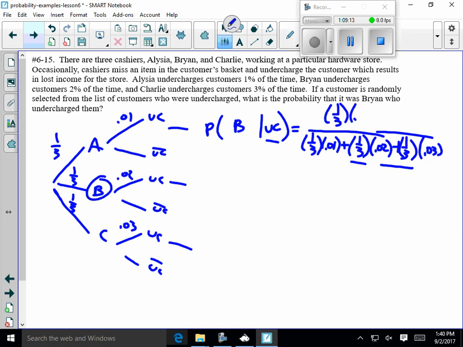So 1/3 times 0.02. So the idea here is that this Bayes formula structure can be used with any number of paths. That would be the setup to find it, and very similar to the problems we just did. It would turn out to be actually 1/3 of a chance that it was the Brian cashier. Okay, let's move on here.